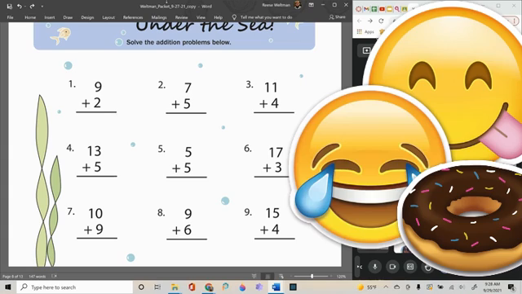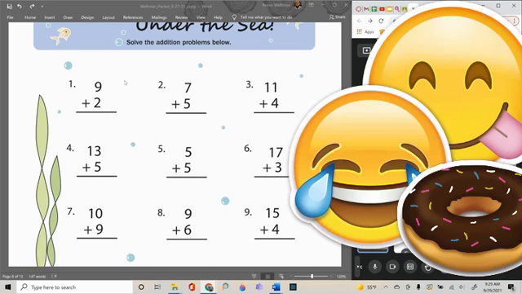Why is a million not on this sheet? Why is what not on the sheet? A million. A million? Because we're not quite that far with our math yet. I know it. Okay.